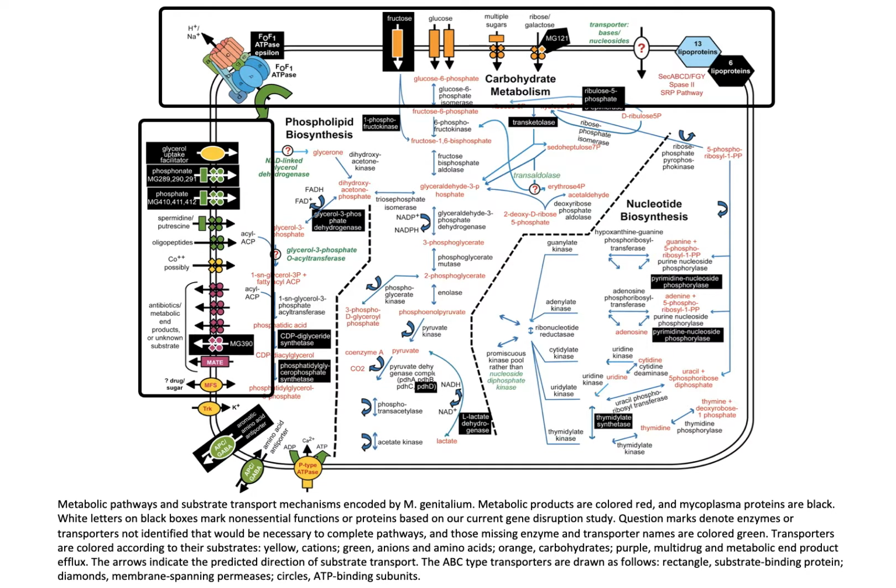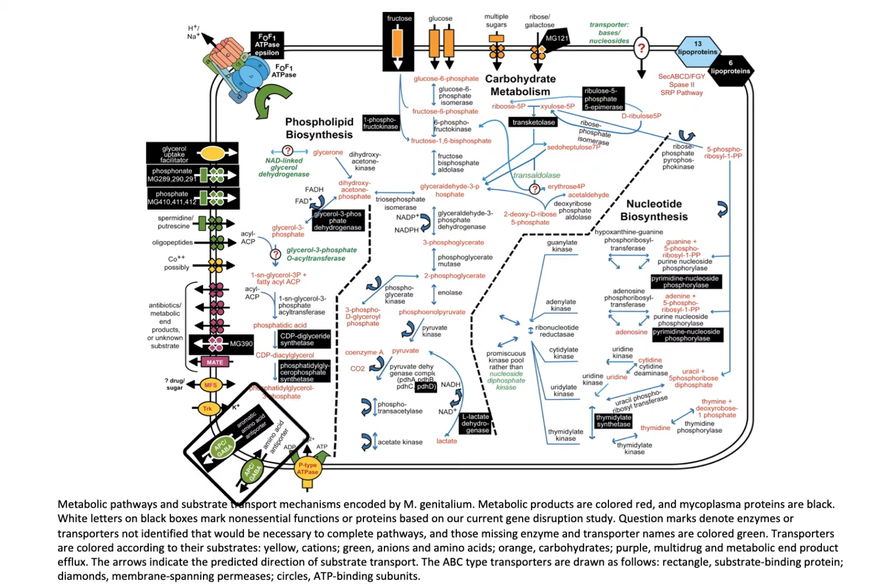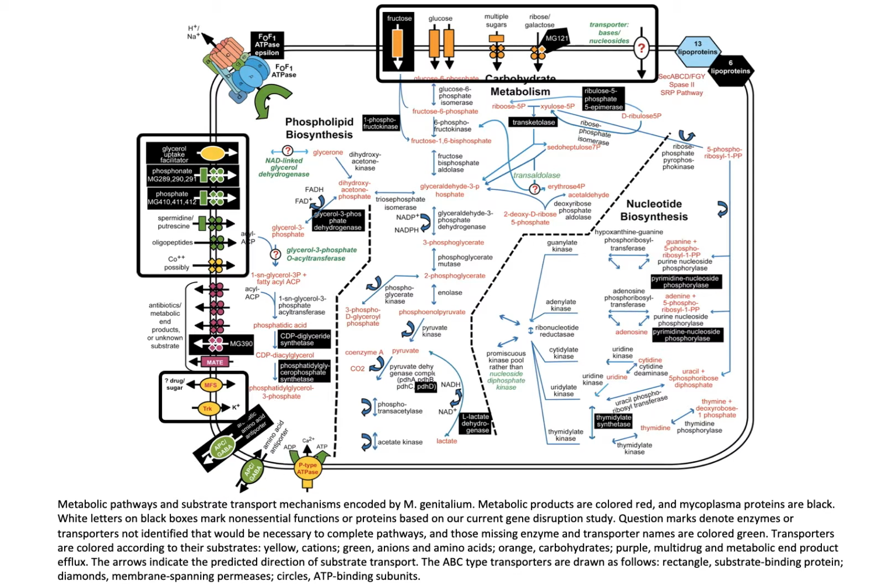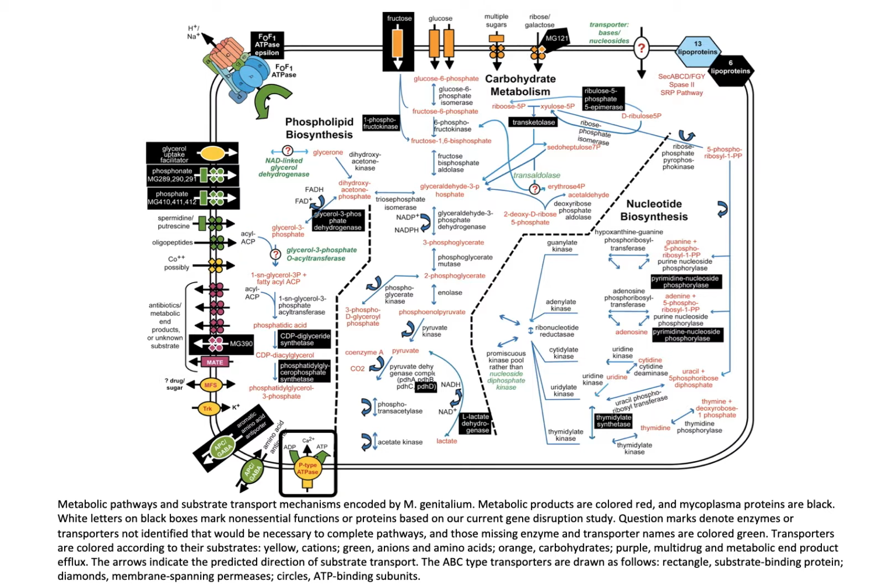But it does have a lot of transporters. So a lot of the transporters are transporting amino acids and other chemicals that it needs inside. And then it has a way to make ATP as well, as an ATP synthase. So rudimentary, but it gets along just fine by living off of the things that it can obtain from its host.